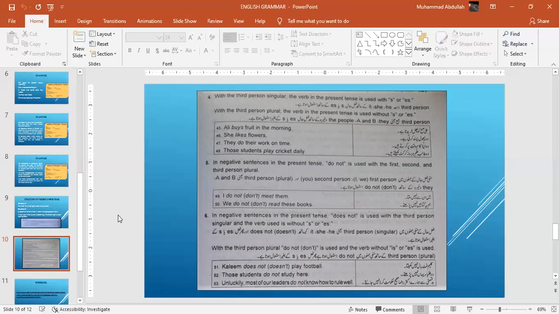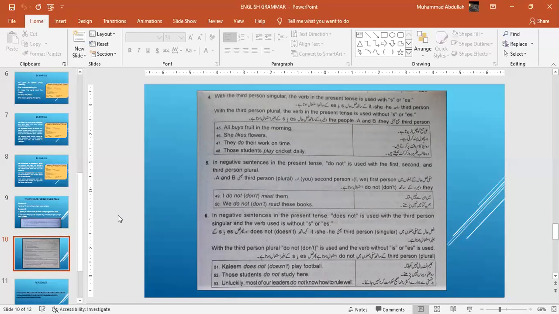Now let's move towards the negative sentences. In negative sentences in the present tense, do not is used with the first, second, and third person plural. I and we are the first person, you is second person, and they is third person plural, right?